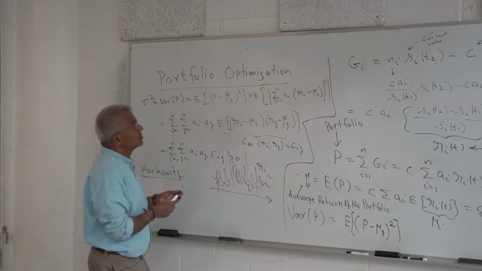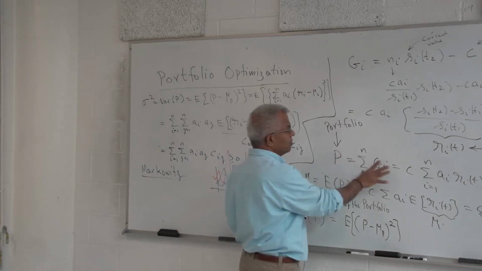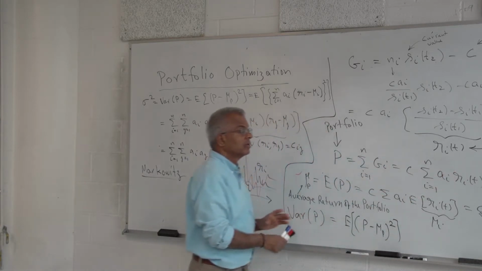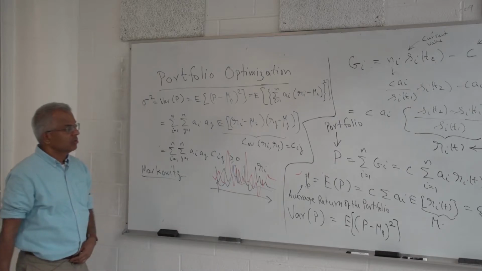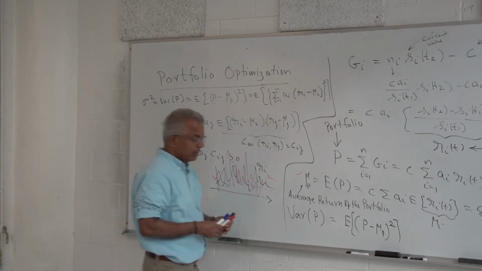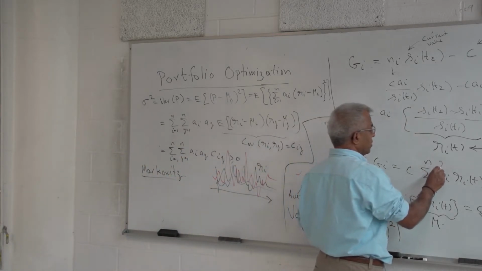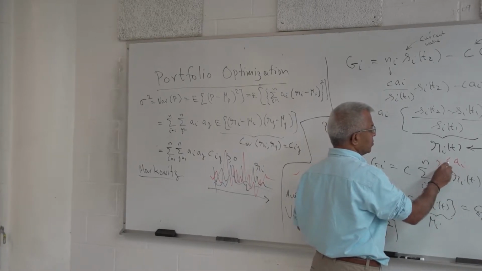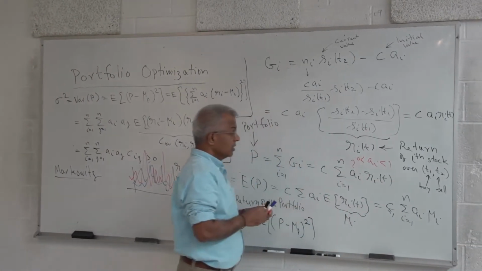Remember, the portfolio itself is a sum of all the returns from each of these stocks, each stock being weighed by a quantity AI, a fraction. AI is, of course, between 0 and 1, and that's the unknown.